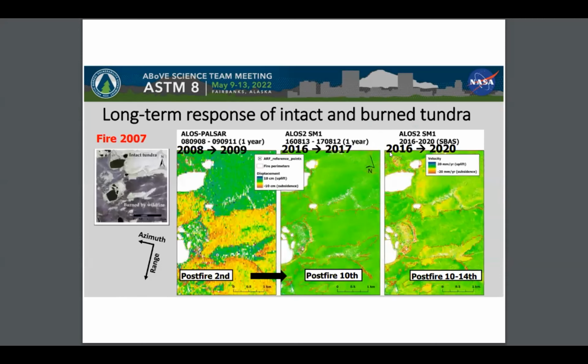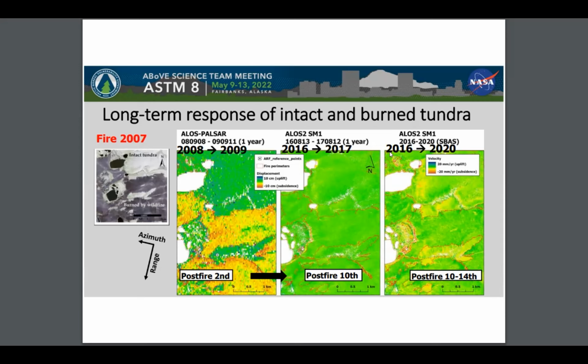From L-band InSAR analysis, we revealed a very detailed time series response of tundra to the wildfire. From the left, you can see the yellow to reddish color as up to 10 centimeters of subsidence just after the fire, exclusively at the burnt area. But within 10 years, you see mostly greenish color, which indicates stable land in this particular year.